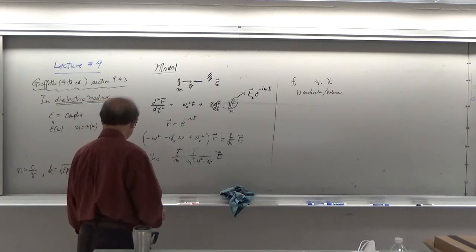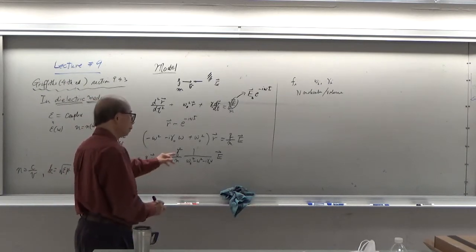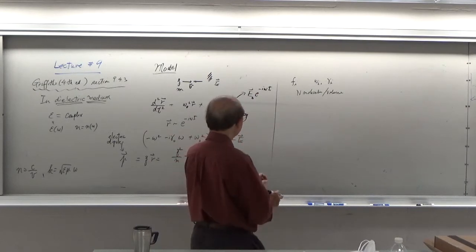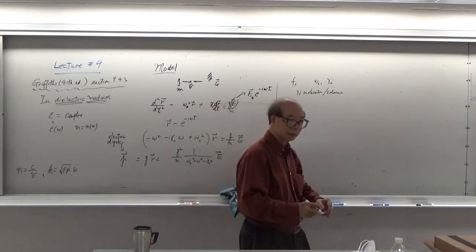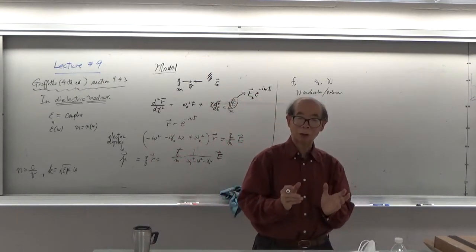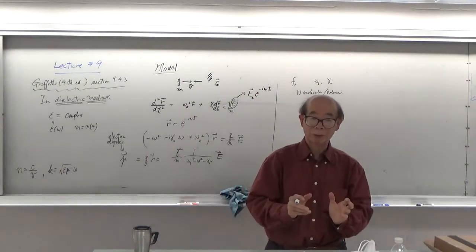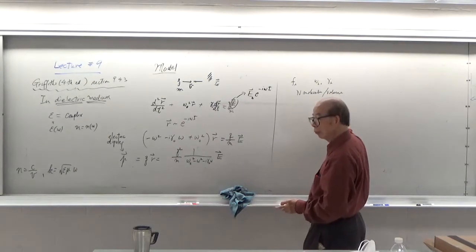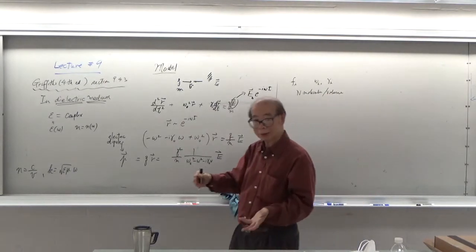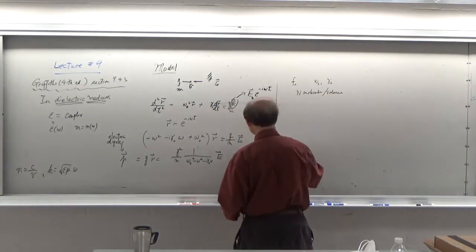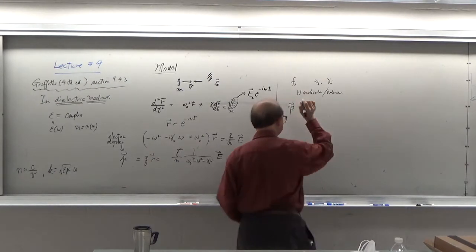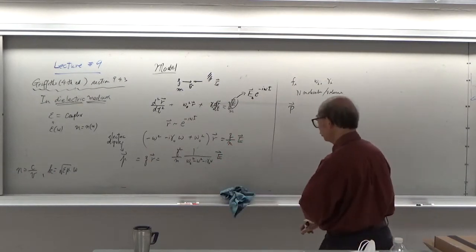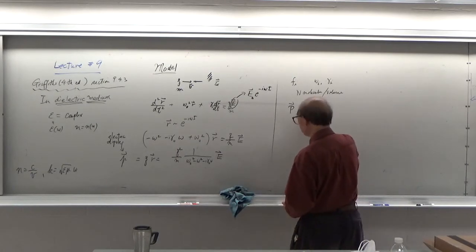So let's add up the electric dipole moment for that molecule. Then multiply by the number of molecules. Then we will find out the total electric dipole moment per unit volume, which of course is the P, polarization.